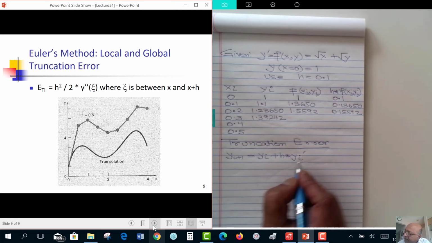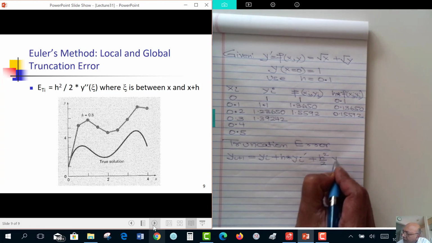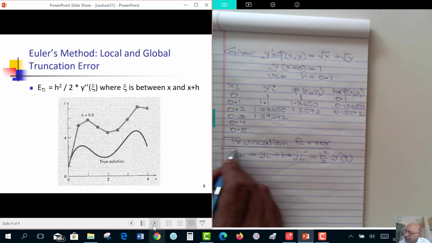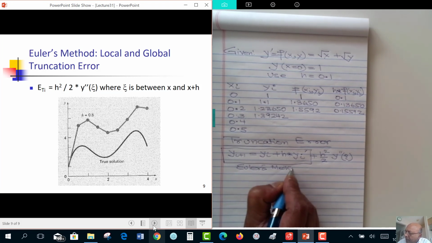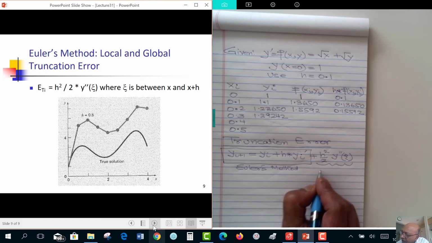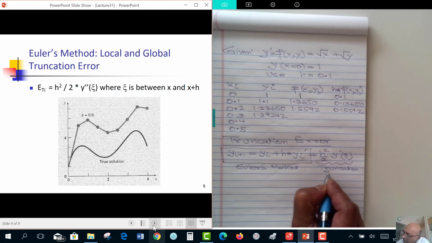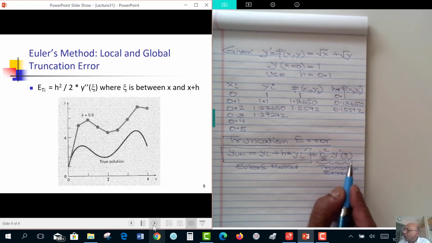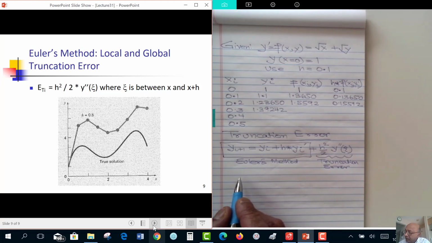Remember that was dy/dx, plus h squared by 2 times the second derivative, and let's chop the series here. So this is our Euler's method approximation, and this is our truncation error. What is zeta? Zeta is somewhere on the strip. We don't know where. So we just need to take the error bound.